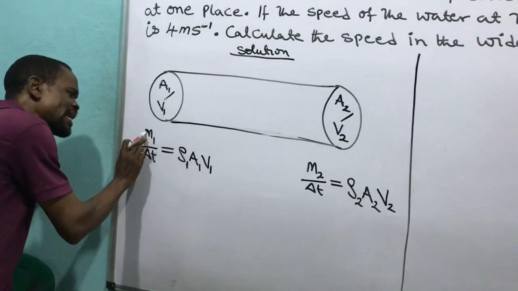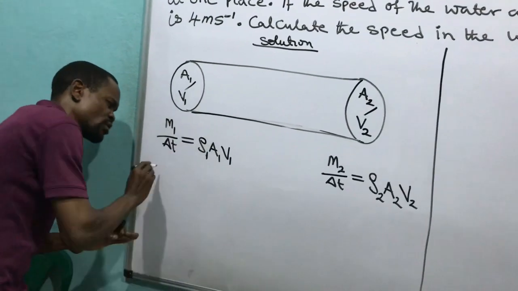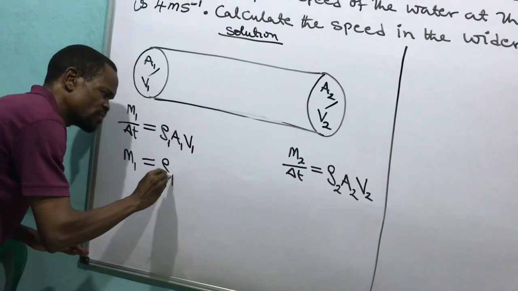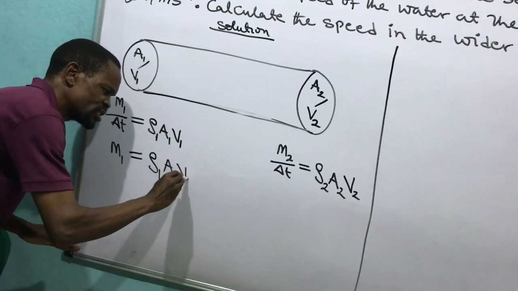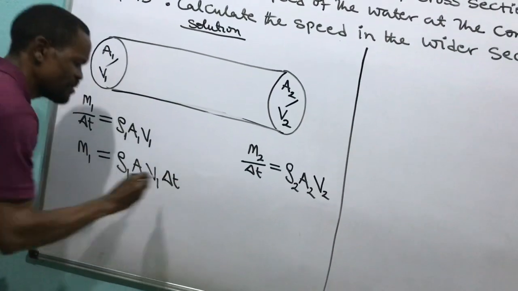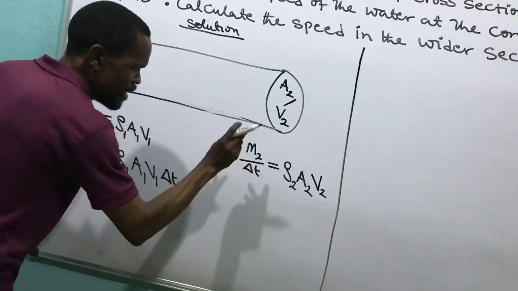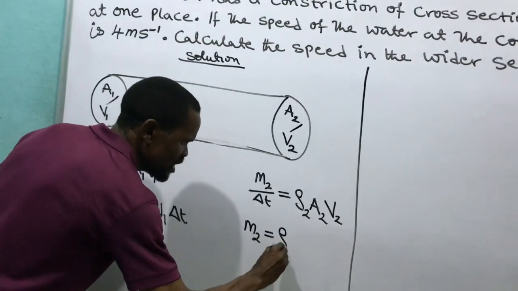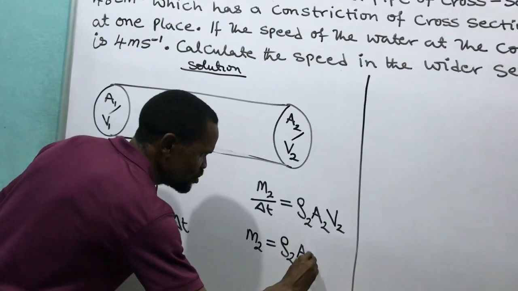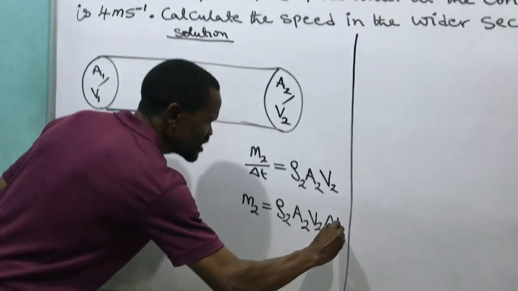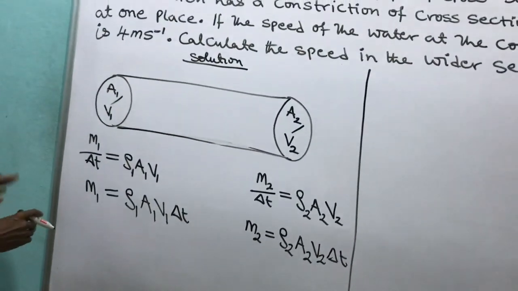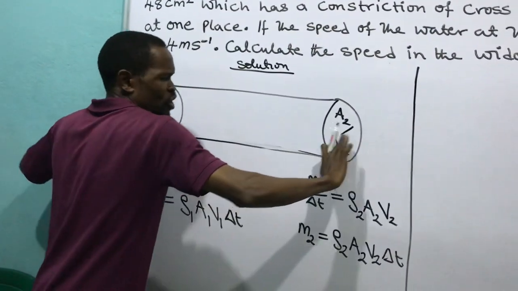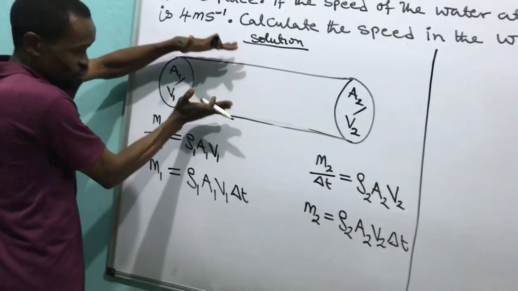Making M1 the subject of the formula, I have M1 equals density 1, cross-sectional area 1, velocity 1, and change in time. Making mass 2 the subject, mass 2 equals density 2, cross-sectional area 2, velocity 2, and change in time. The mass passing through this place is the same as the mass coming out from this place, because this tube is a uniform tube.